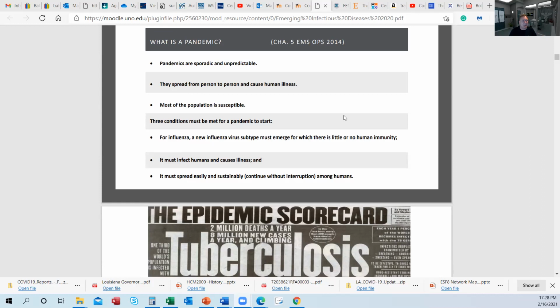Coronaviruses don't mutate as fast as influenza virus. Obviously we're concerned about coronavirus mutations, but just understand that once influenza virus is in the human population, it's a lot easier for it to mutate than it is for coronavirus or adenovirus.